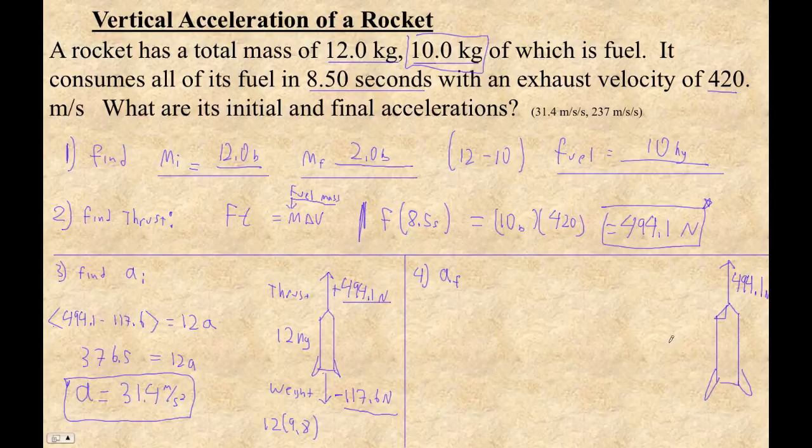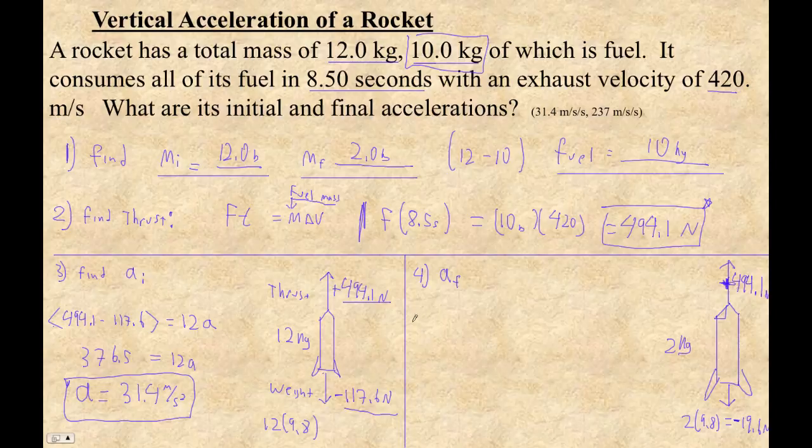Our downward force, though, this is only a 2 kilogram rocket. And 2 times 9.8 is 19.6, right? I'm checking it as we speak. So the downward force is small. That guy's going to be negative. This guy will be positive.